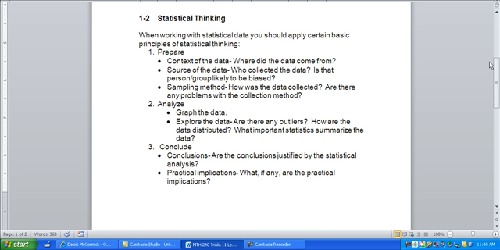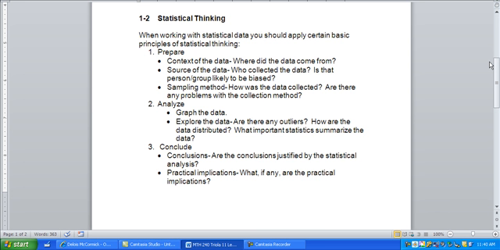Next, we want to know who collected the data. What is the source of the data? Is that person or group likely to be biased? So if we're getting statistical information on some product, some cleaner that they're trying to sell on TV, and they're presenting the data that they collected, we would have reason to question that, because it's very likely that it could be biased in some way.